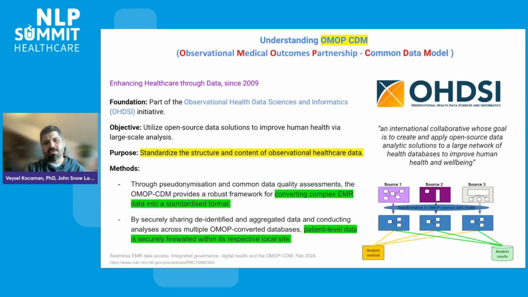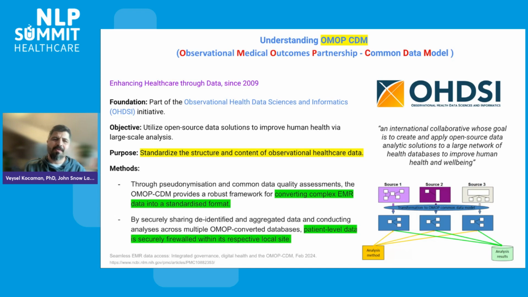So today's main topic will be how to do this through the OMOP schema. OMOP is the Observational Medical Outcomes Partnership common data model, which has been trying to enhance healthcare data since 2009, and which is sponsored, developed, and maintained by the OHDSI community. OHDSI is an international collaborative whose goal is to create an open source environment so that data can be exchanged across various institutions in a better way, so that this observational data can be used for analytical purposes.